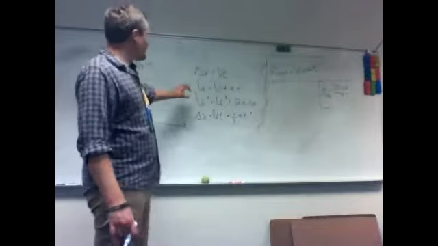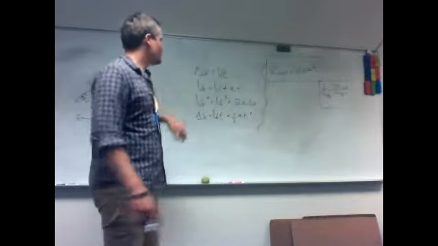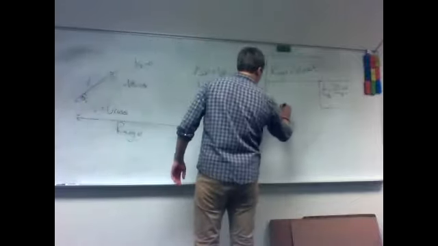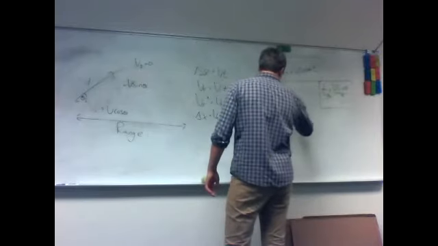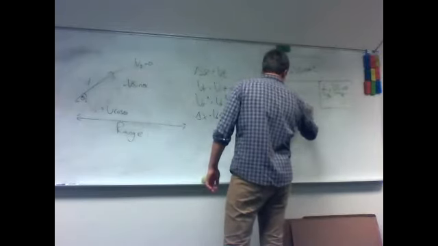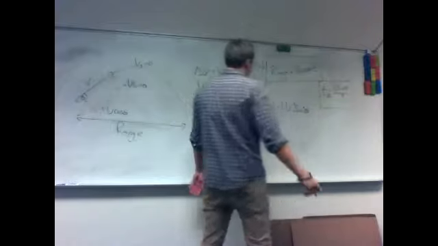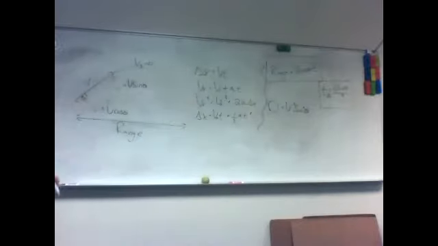And so I'm just going to say that the velocity in the y direction is 0 right here. So that's 0 is equal to the initial velocity squared. So that's v squared sine squared theta. Last year I had a question, how do you know or why is it v squared sine squared theta?